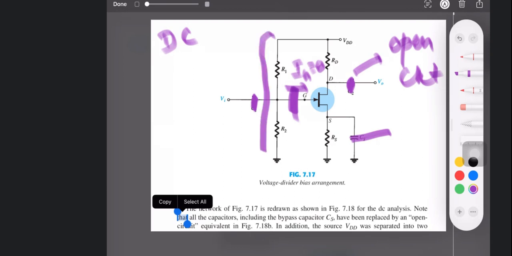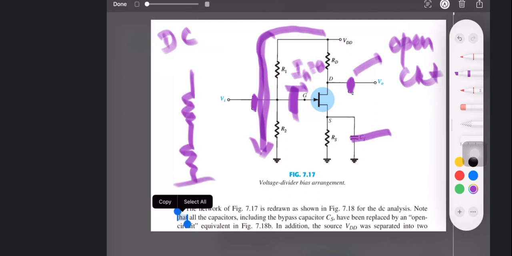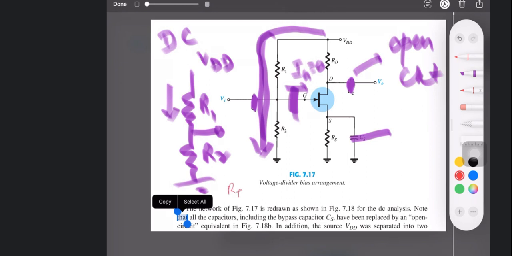So this is nothing but a voltage divider. Whatever voltage we are having, this is modified like this. This is R1, this is R2, this is VDD. So this is VThevenin, and this we can find out. So RThevenin is R1 parallel R2, and VThevenin is VDD R2 divided by R1 plus R2.